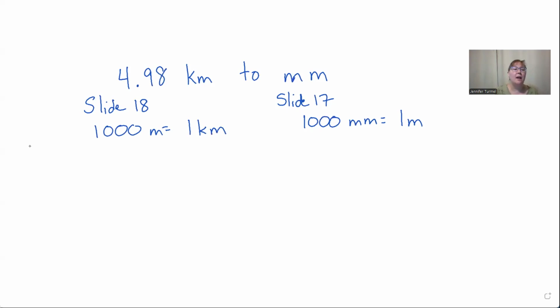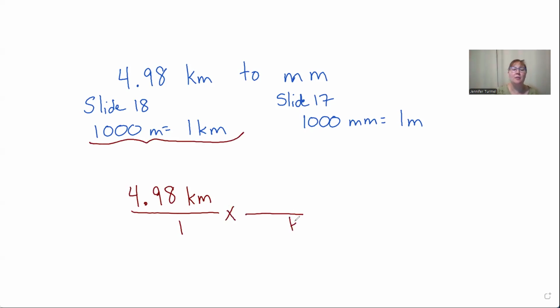We can set this up like so. We start first with our given, 4.98 kilometers, over 1. Now we're going to use this conversion, and we put kilometers on the bottom because it was on the top here, and meters on the top because that's what we're going to. So the 1,000 goes in front of the meters and the 1 in front of the kilometers, just like in our conversion. Then we're going to use this second conversion.